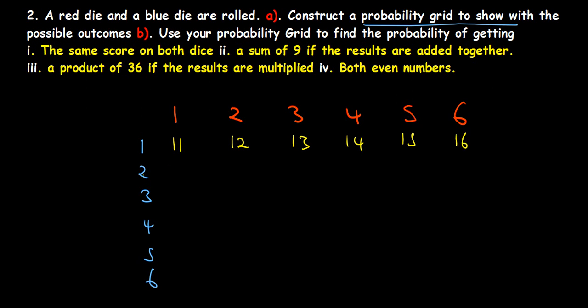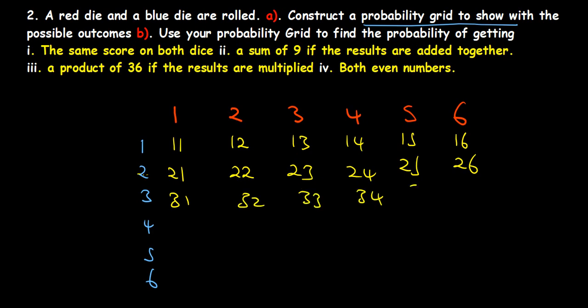Here it can be 2, 1. Here it can be 2, 2, then 2, 3, 2, 4. Just like that we can fill in the entire grid. So I have 3, 1, 3, 2, 3, 3, 3, 4, 3, 5, 3, 6. Then 4, 1, 4, 2, 4, 3, 4, 4, 4, 5, and then 4, 6.